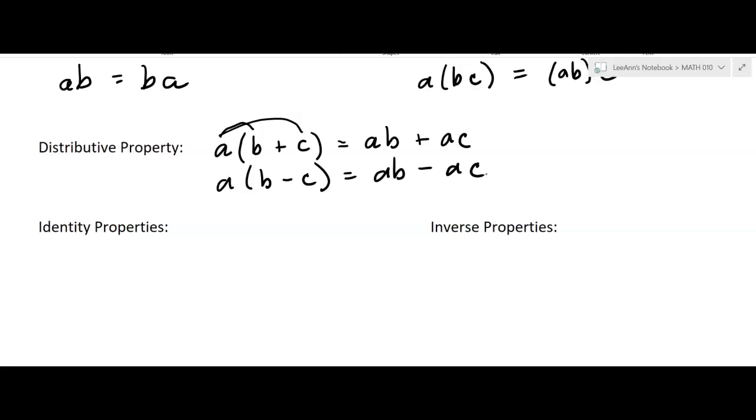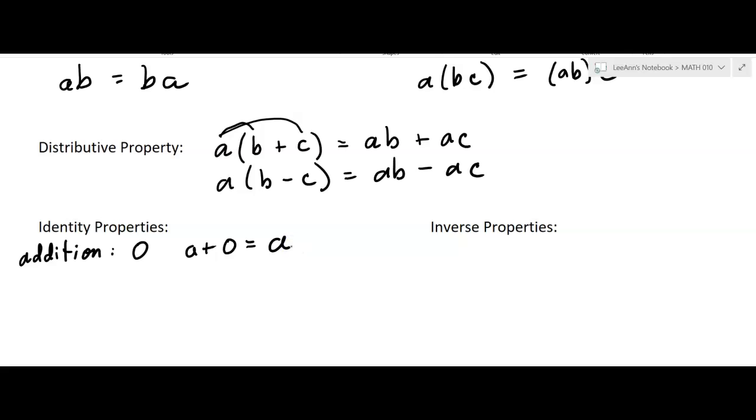An identity property. Well, an identity is when you have an operation and you perform it with a particular real number, and it doesn't change the real number. So for addition, the identity is 0 because a plus 0 is going to equal a.